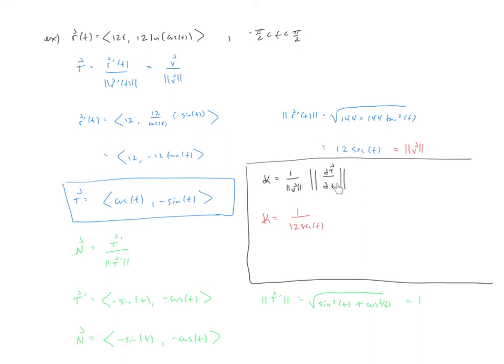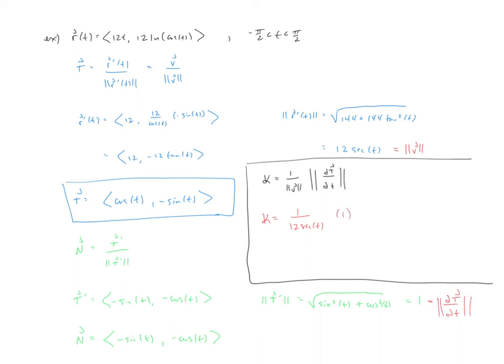Now, if you remember what this means, this is again just different notation. This is the derivative of the unit tangent vector with respect to time. And we've already done that, right? The derivative of the unit tangent vector, and then the magnitude of it is right here. So this guy is also equal to the dT/dt.